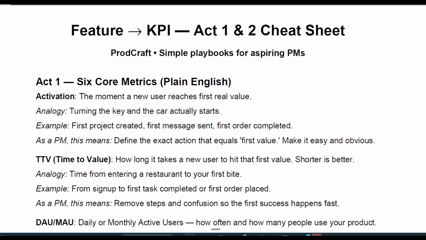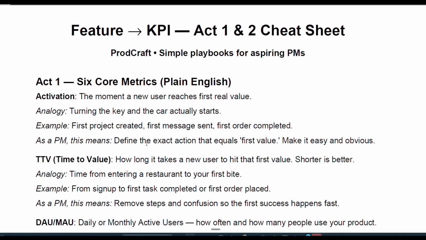In your product, it can be the first message you sent, or the first order which was completed, or the first user who subscribed, or you were able to onboard and they were able to do the task which they were supposed to do.